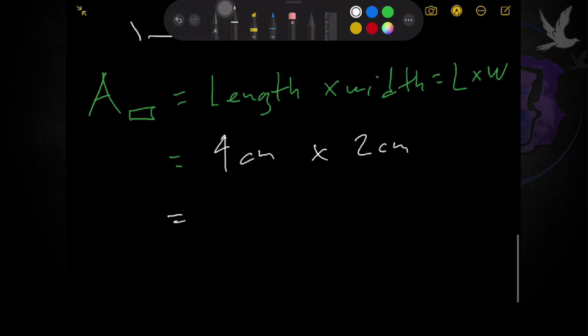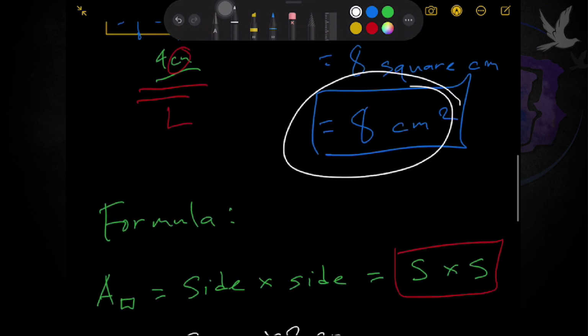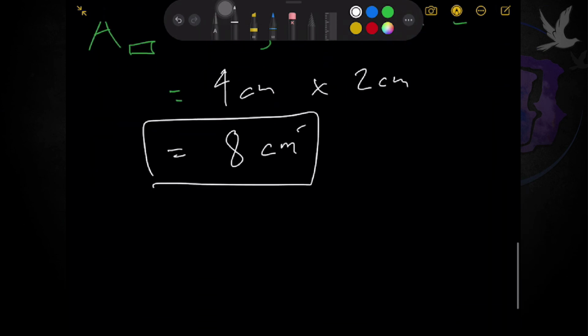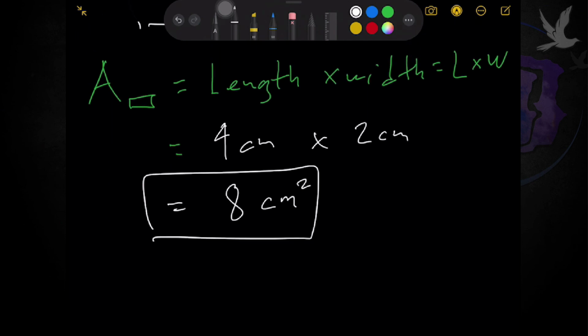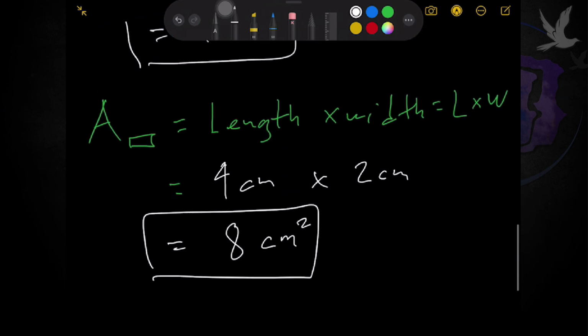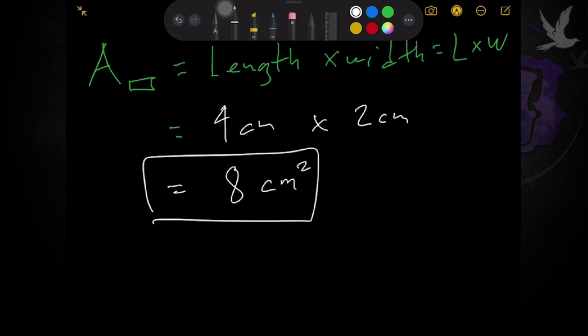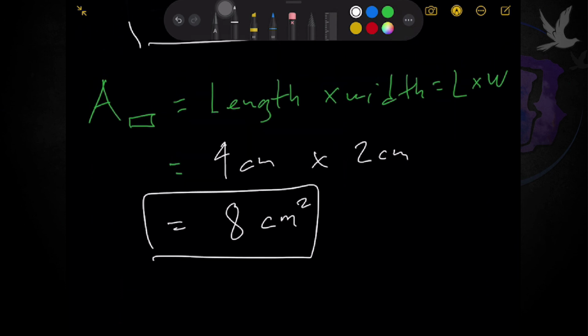And 4 times 2 will give us 8 centimeters. Okay, so if you notice, parehas yung answer natin. Then again, don't forget about your unit. I already explained earlier. Centimeter times centimeter is equivalent to centimeter squared. Okay, so this is how you basically solve for the area of a square and a rectangle.